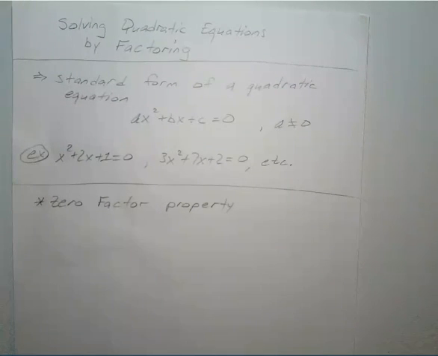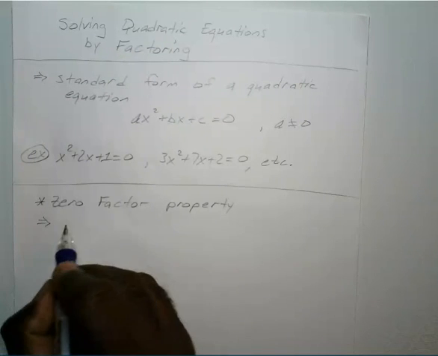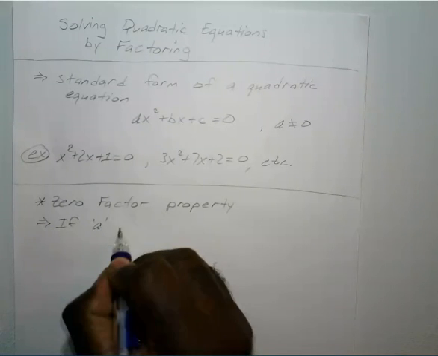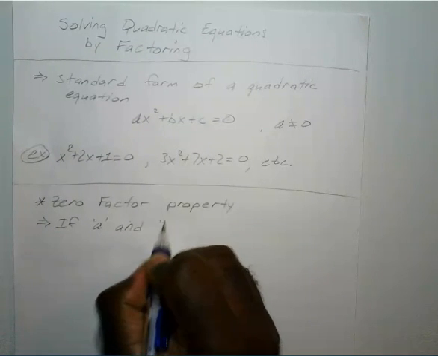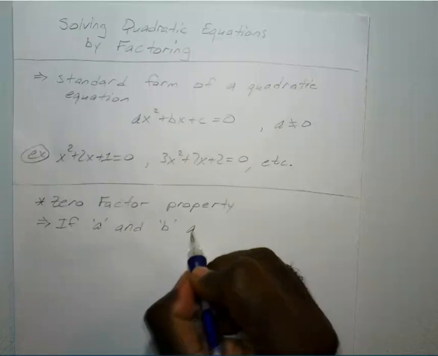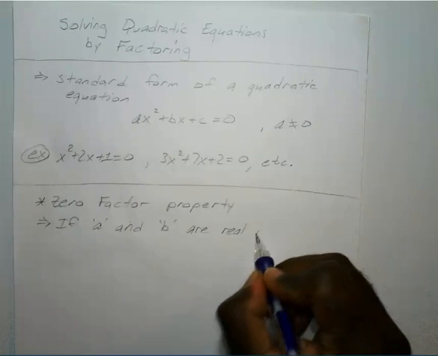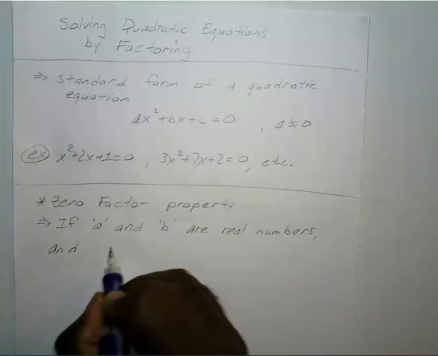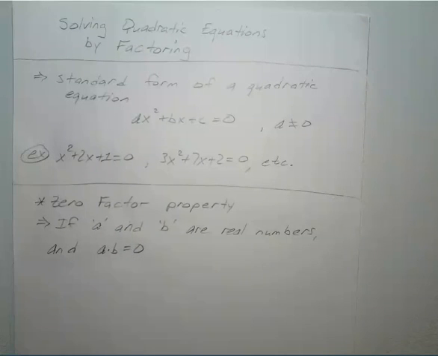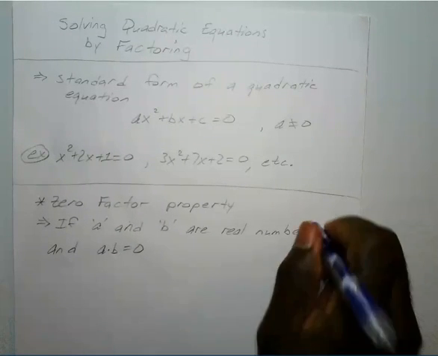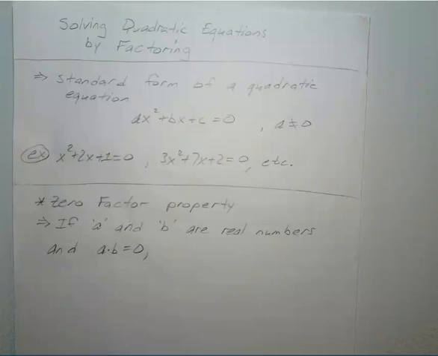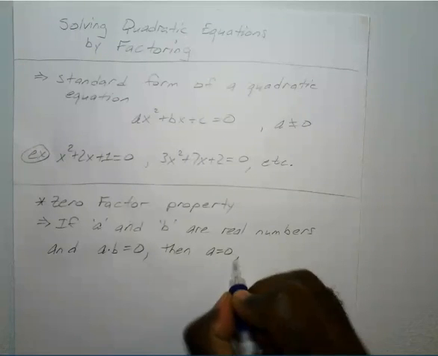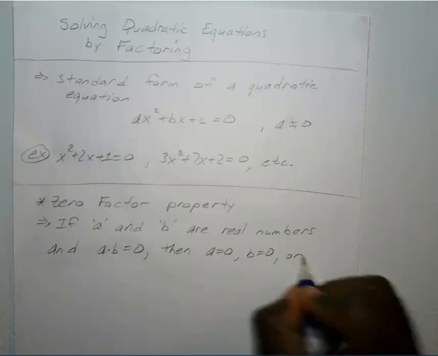The zero factor property is: if a and b are real numbers, and we know that a times b equals 0, then a equals 0, b equals 0, or both.